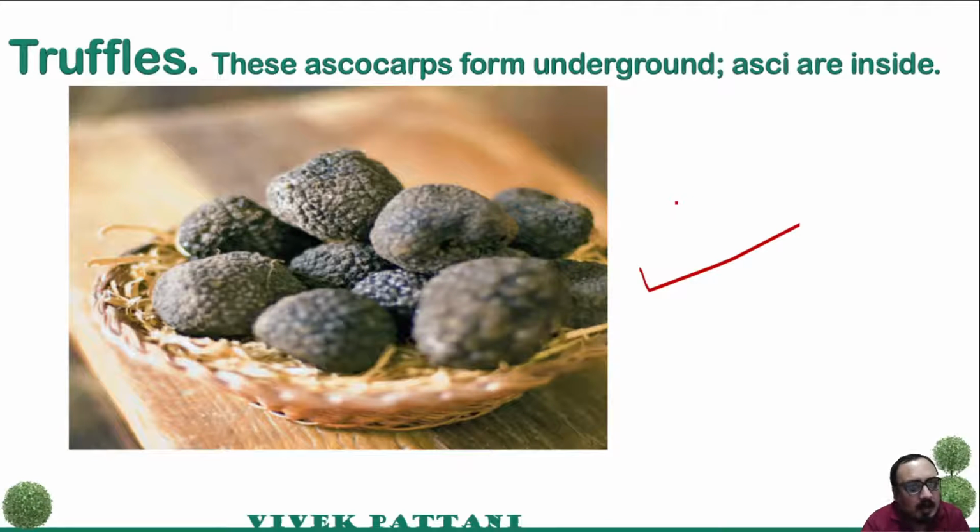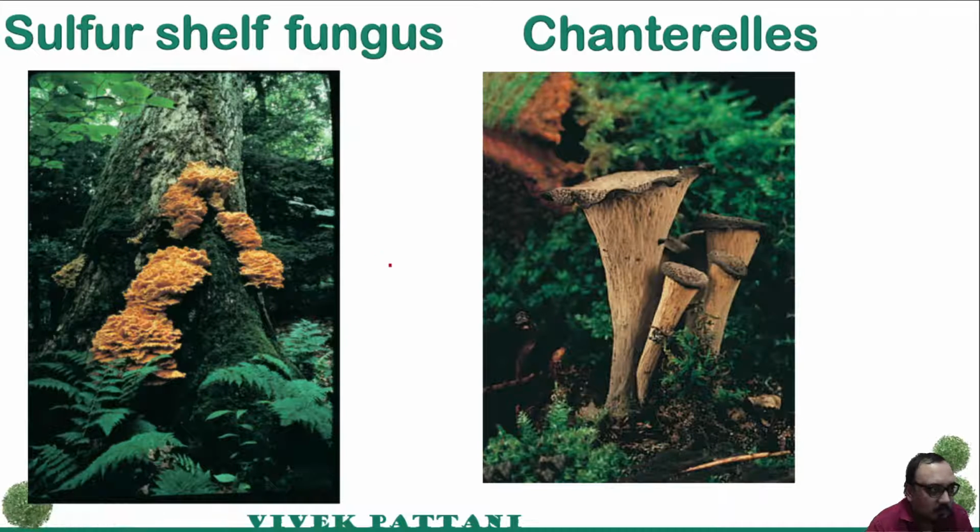Which form underground, and the asci are basically inside. Now next come various other examples, not of the chytrids but of other fungi, such as sulfur fungus, and this one is a Cantharellus.